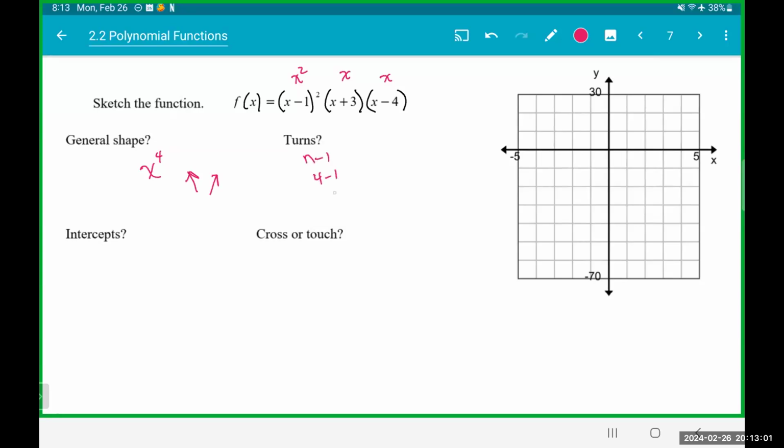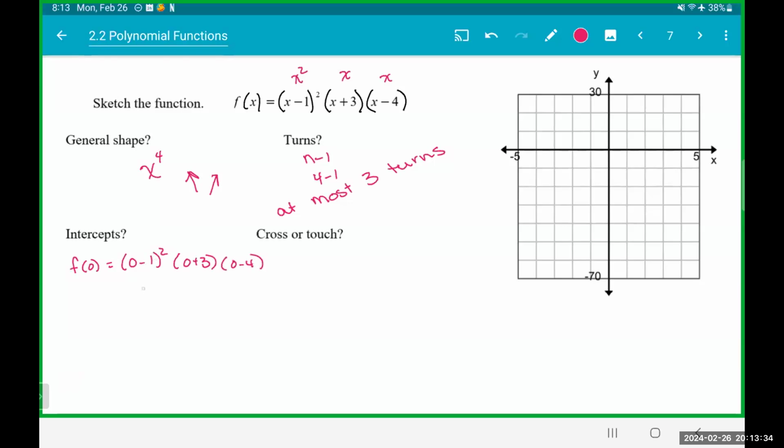And so then when it comes to the turns, that's n minus 1. So 4 minus 1 is 3. So we're going to have at most 3 turns. For our intercepts, we're going to have f of 0 equals -1, because we're just plugging in 0 minus 1 squared, 0 plus 3, 0 minus 4.